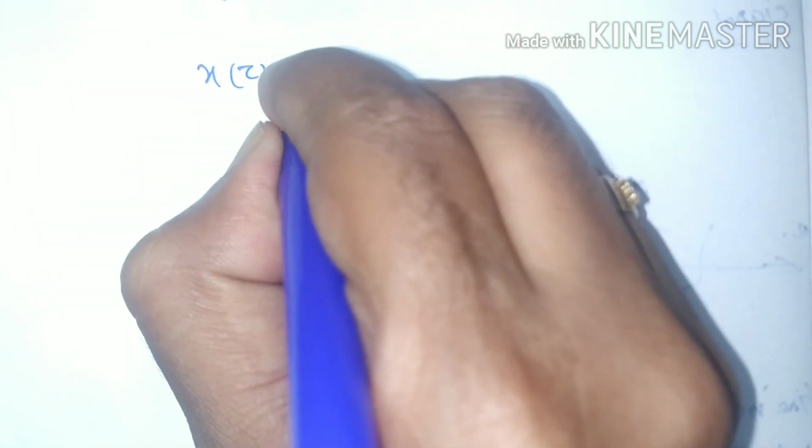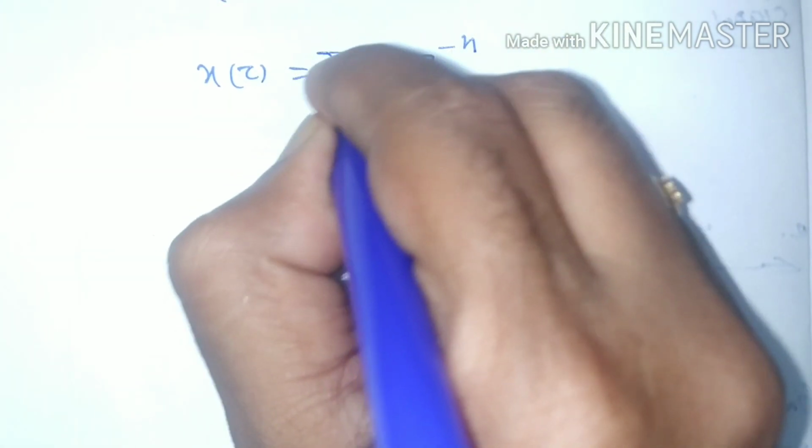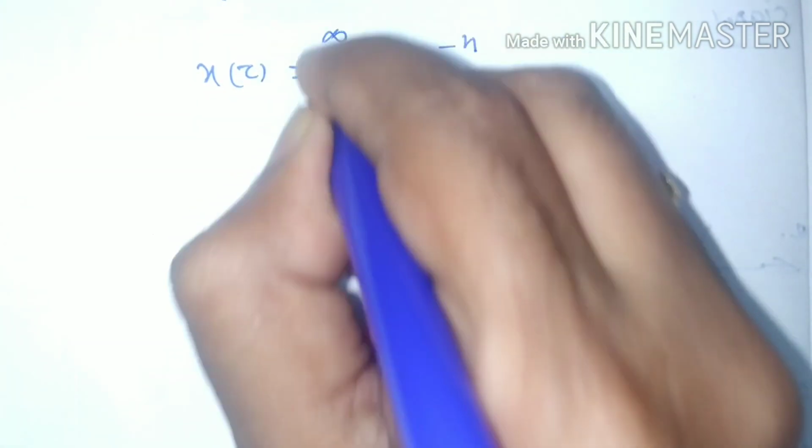Now if we want to go for the next problem, let x[n] equal a to the power n u[n], and we have to find the Z transform of this signal. We know the Z transform of x[n] is the summation of x[n] z to the power minus n, n equal to minus infinity to infinity.